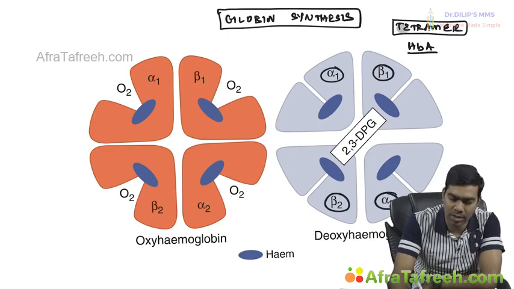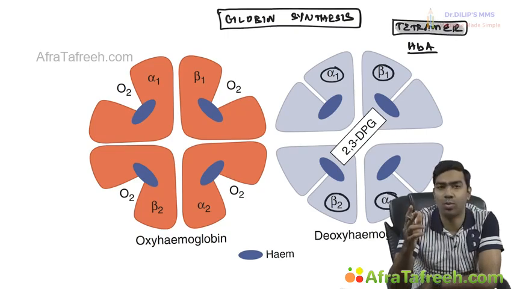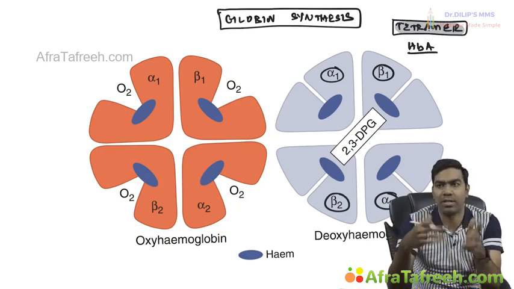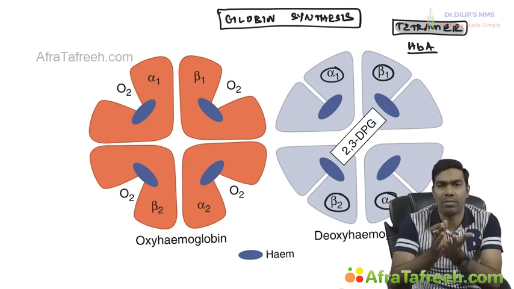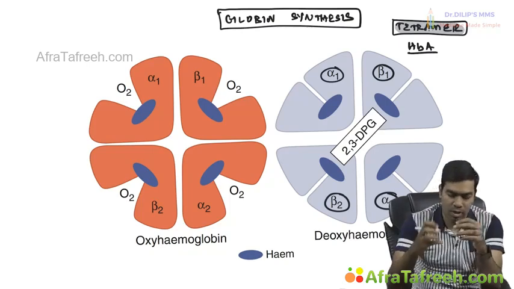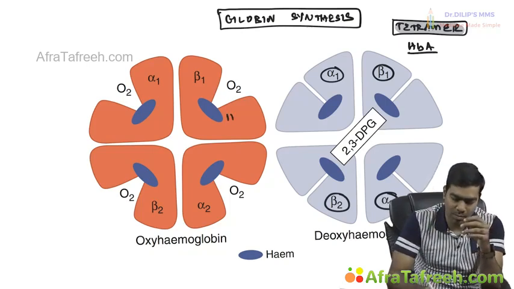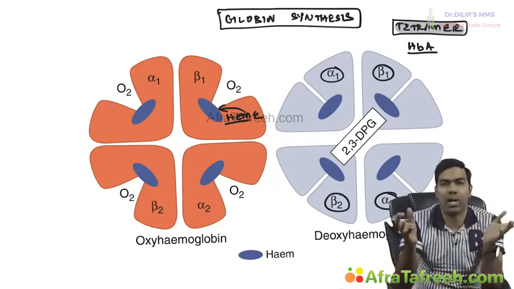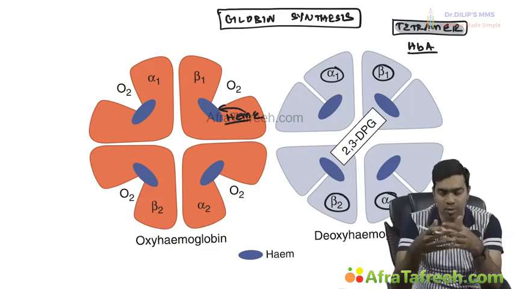It should contain two chains from each particular gene, the alpha gene as well as the beta gene, giving rise to two alpha chains and two beta chains, which together form a tetramer, forming a globin chain. To this you attach the heme, this blue colored thing, and together they form the hemoglobin. That's how it works.